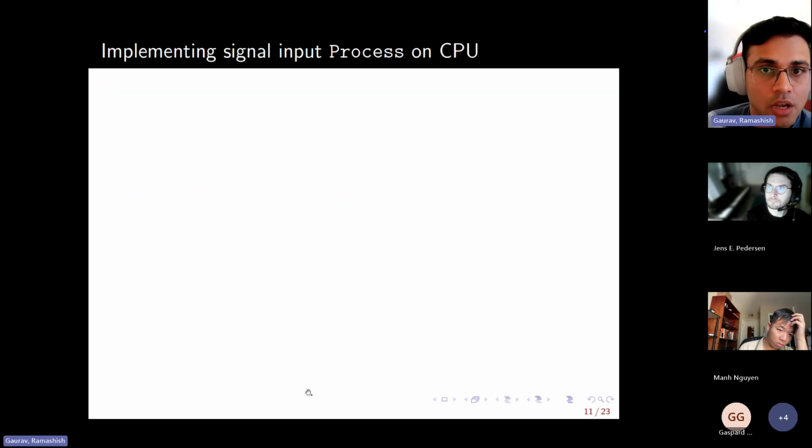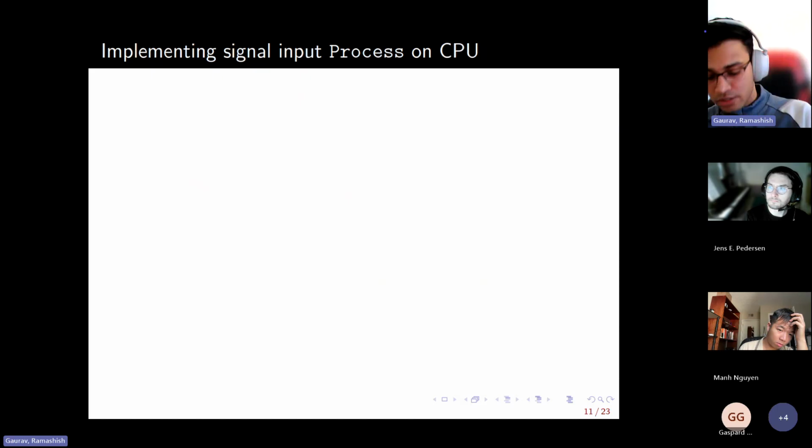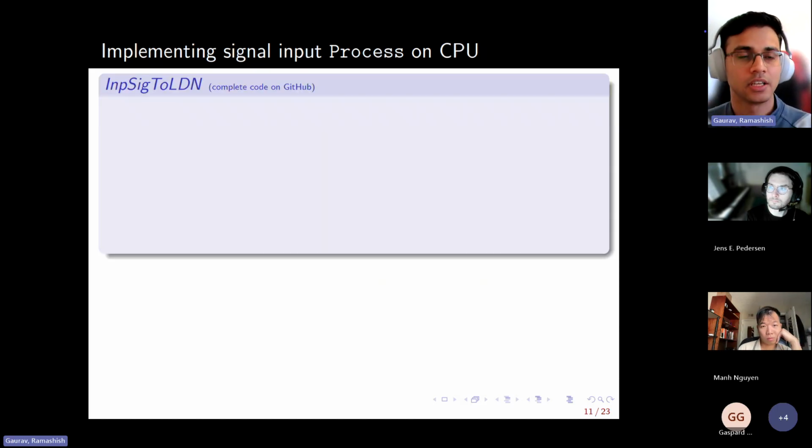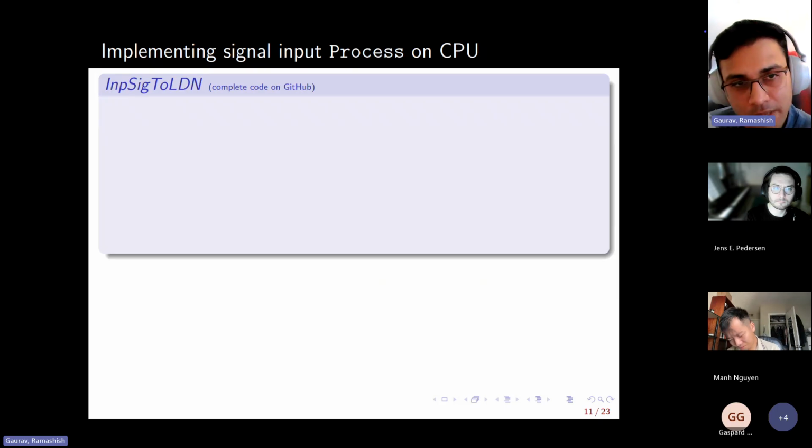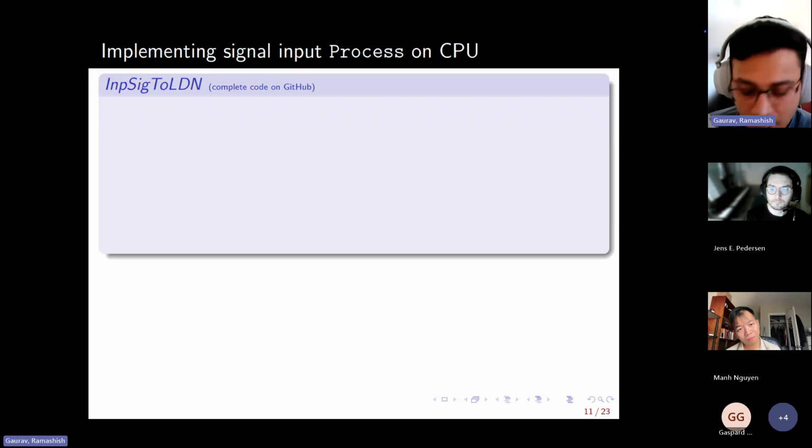Cool. Now let's talk about the code details of implementing this signal input process first. Here I was debating how to present it in the best way possible. Given that we rarely go through code in our presentations, what I've tried to do is pick up some important code snippets from the actual implementation that can be found on GitHub, and then talk about their key takeaways.